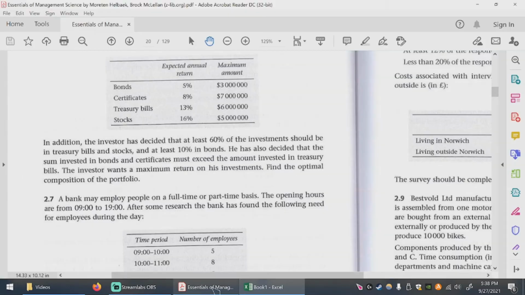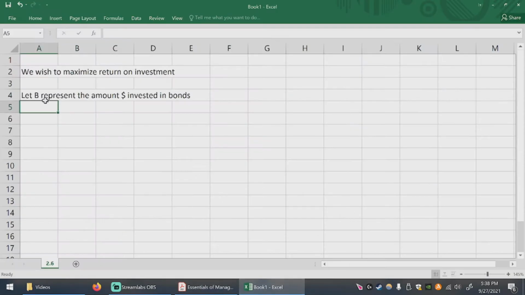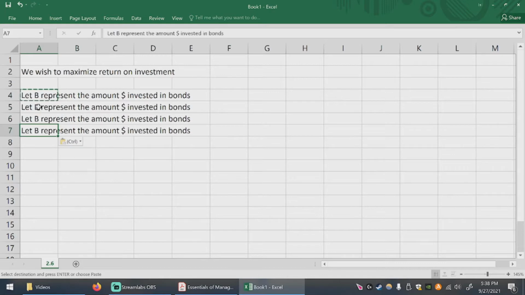I'm going to do something similar for certificates, treasury bills, and stocks, CTS. But to be a little bit more efficient here, I'm just going to copy those over and edit them, make that C. Was that C next? Yeah, C. It's going to be the amount invested in certificates.